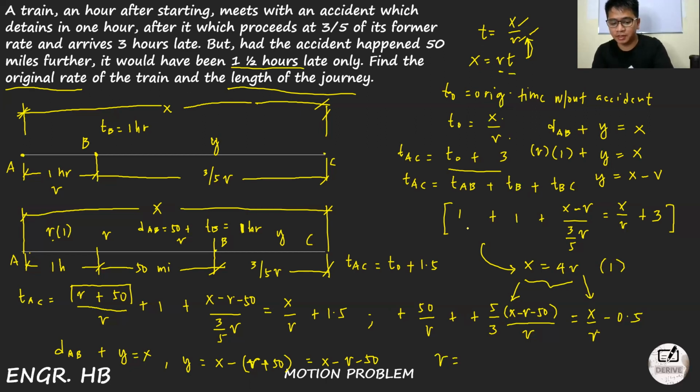So, it will become 4v minus v minus 50 is equal to, ano na ito? 4b divided by b, so that will become 3x na minus 0.5. Okay, yan. So, ang kabila, it will become 3x minus 0.5 kasi si x over b, that will become 4b divided by b. So, it will become 3v minus 0.5 and shift solve.